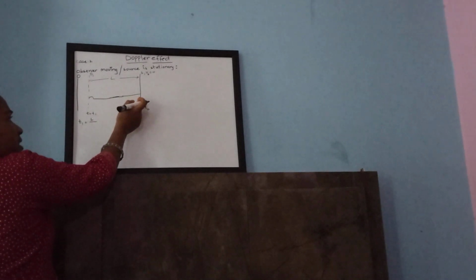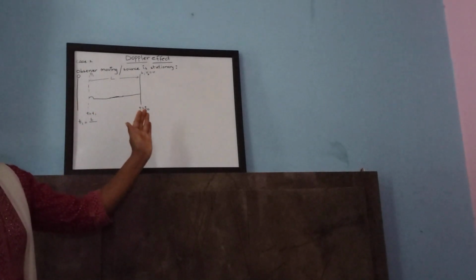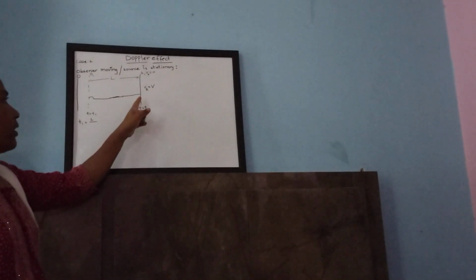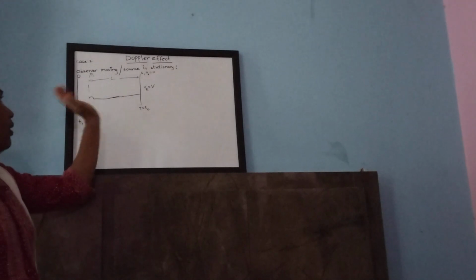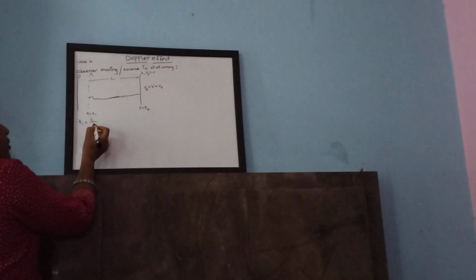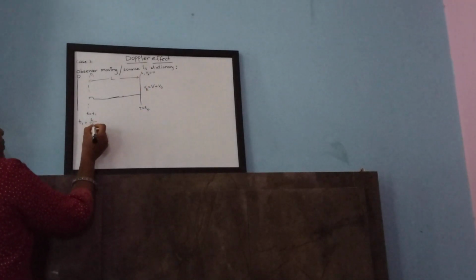When this crest reaches the observer, at the same time the observer is moving towards the source. So the resultant velocity will be Vr is equal to V, the velocity of the crest in the medium, plus the observer's velocity Vo. We have to take the resultant velocity here. For that, T1 is equal to L by Vr. This is equation 1.